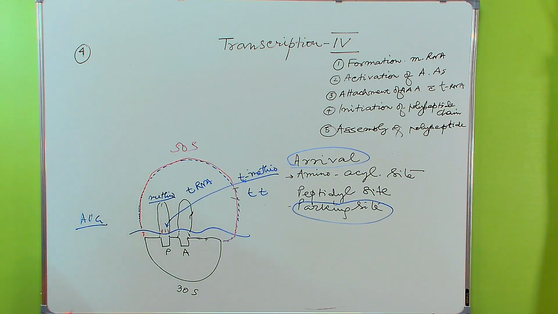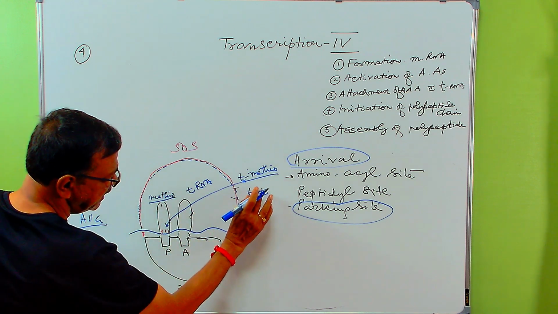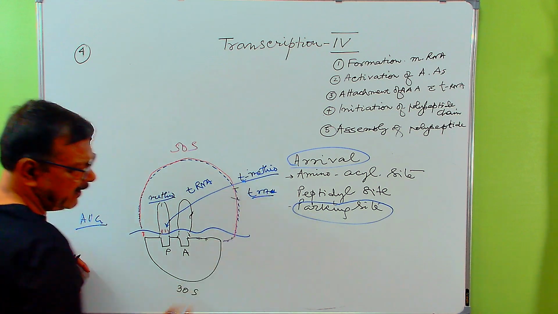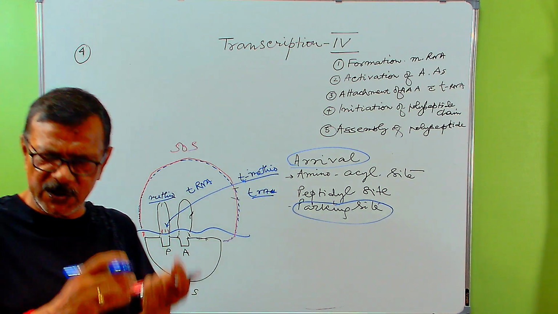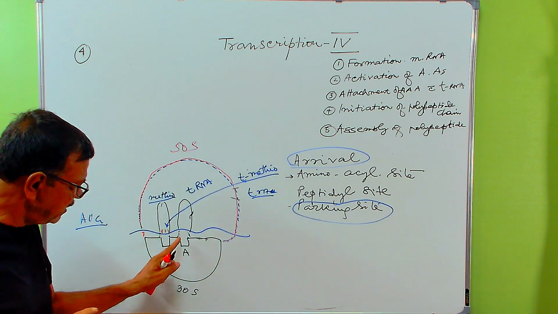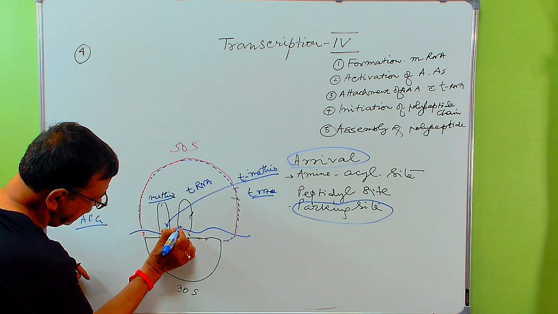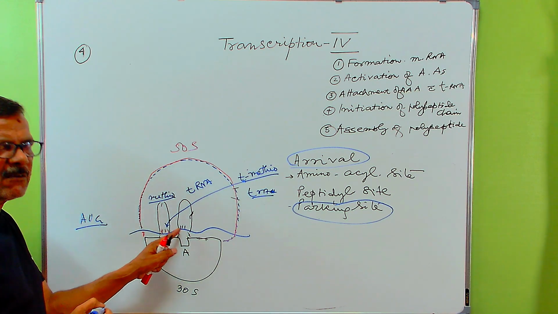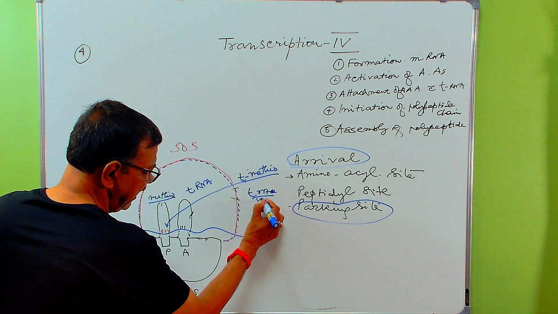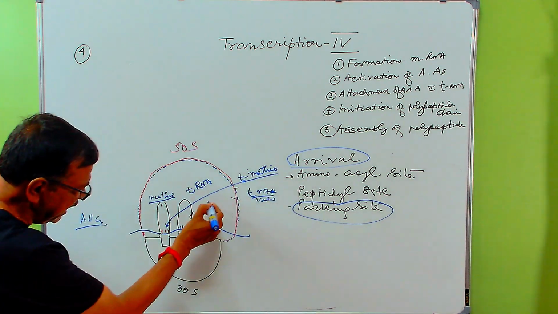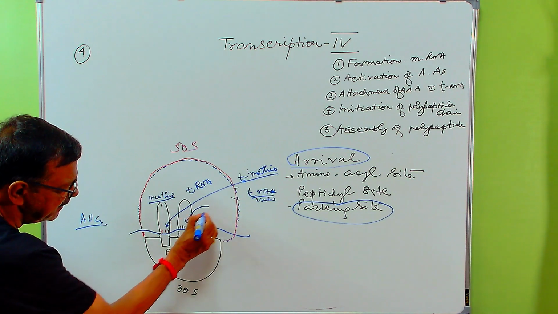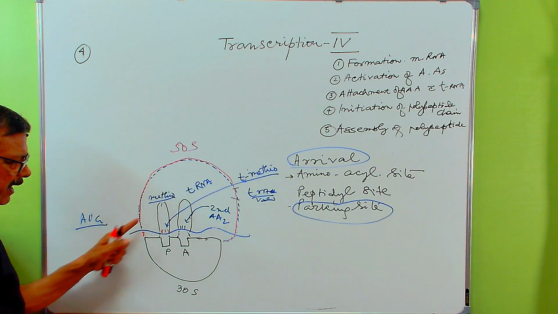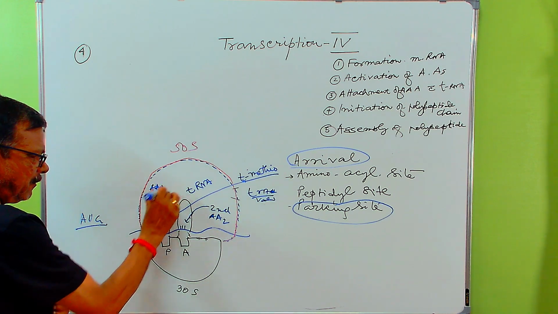By this time, the second tRNA bearing the corresponding amino acid, along with the nucleotide sequence here, say this is for valine. So tRNA valine will come here. This is the second one, amino acid 2, and this is amino acid 1.